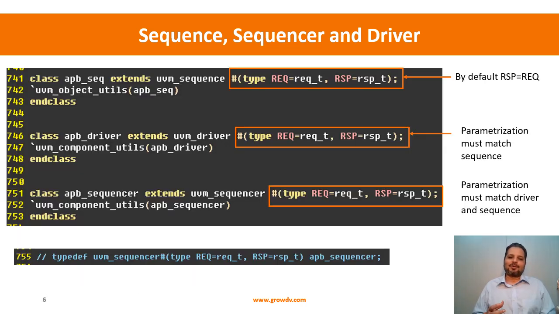Okay, for the sequencer and driver communication to work, as we showed in the previous slide, all of them have to be parameterized with the same type of sequence items. What do I mean by that? Let's take a look. So here we have a sequence, a driver and a sequencer, right?